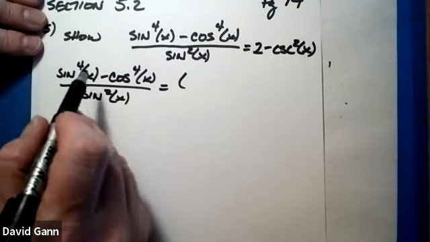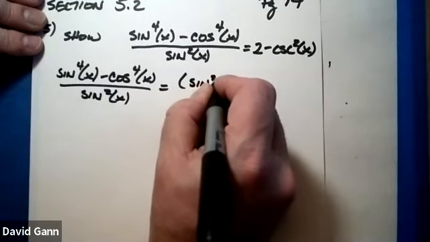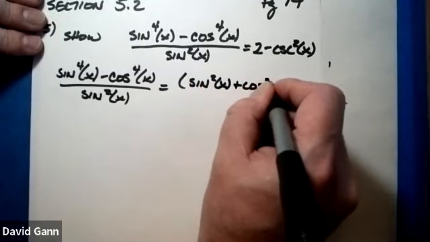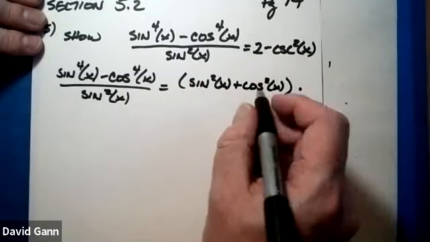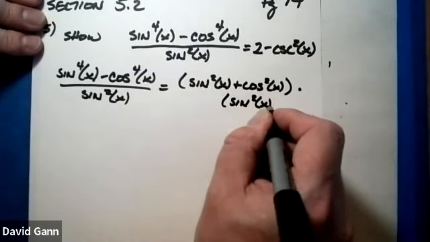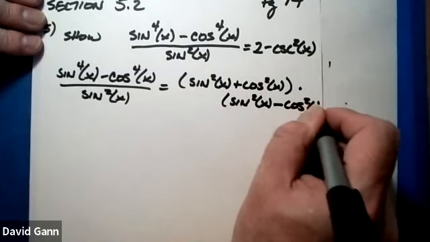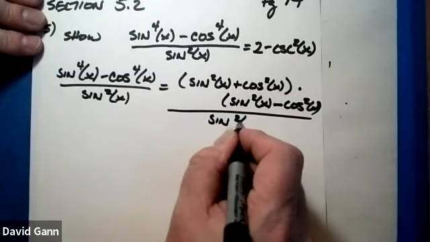Where a is sine squared and b is cosine squared. So this ends up being sine squared of x plus cosine squared of x times, I'm kind of running out of space here, sine squared of x minus cosine squared of x all over sine squared of x.